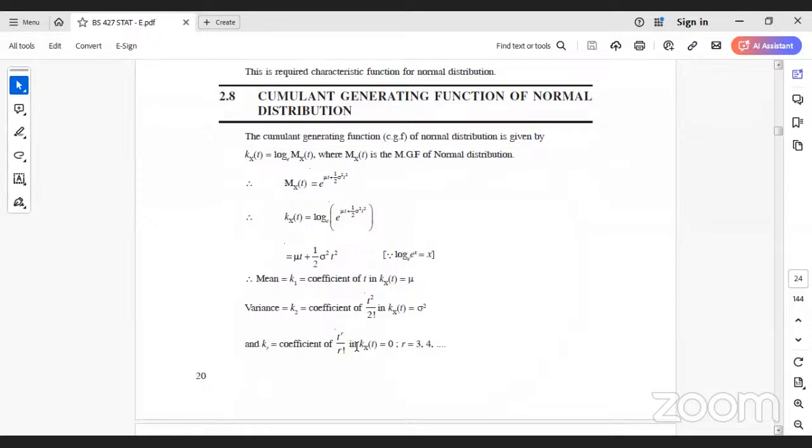So therefore, mu1 is equal to the coefficient of t in k of x of t, which is mu. Variance k2 is the coefficient of t square by 2 factorial, that is sigma square. Already you know that the first one is mu1 is equal to mu, the mean. Then k r is the coefficient of t power r by r factorial in k of x of t, which is 0 for r equal to 2, 3, 4 onwards.